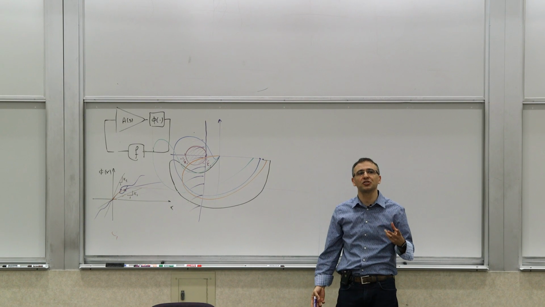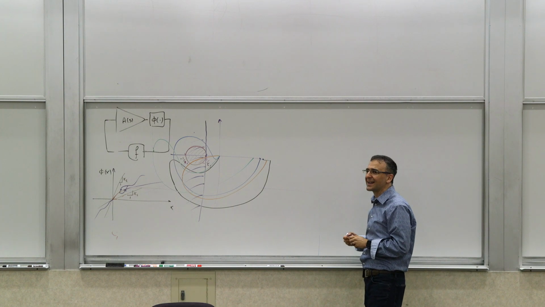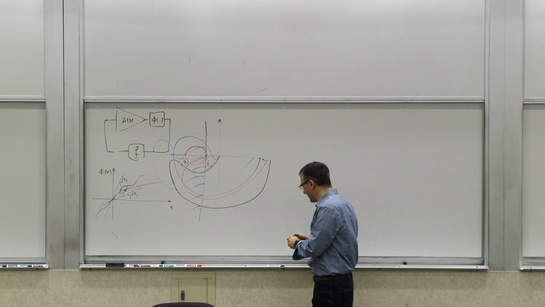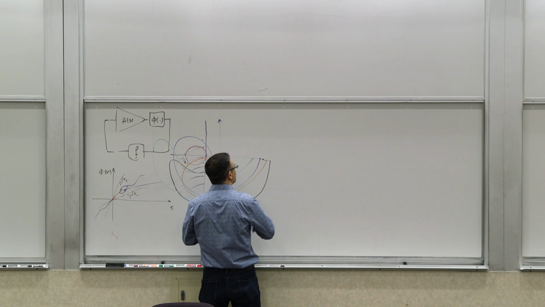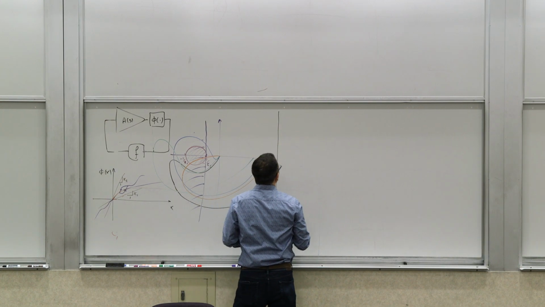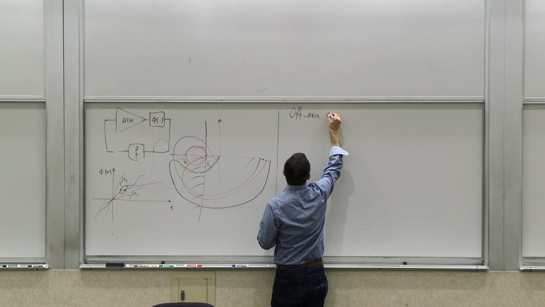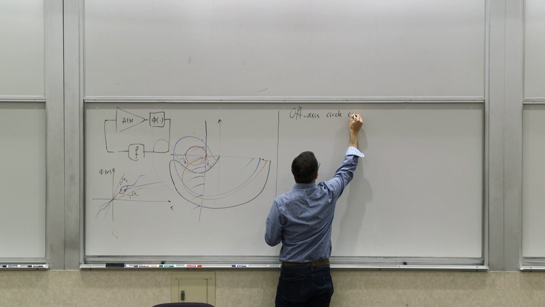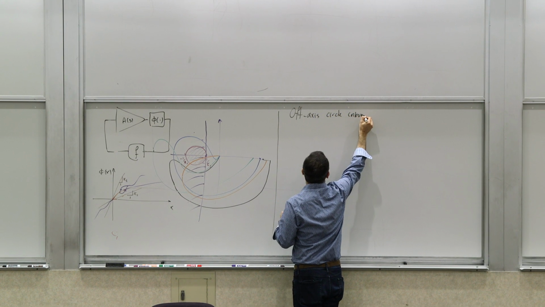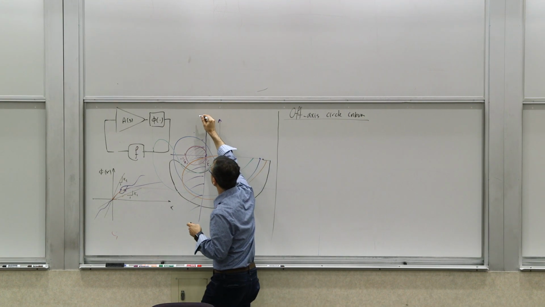So there's a variation on this, which is called the off-axis circle criterion. So this is the circle criterion.